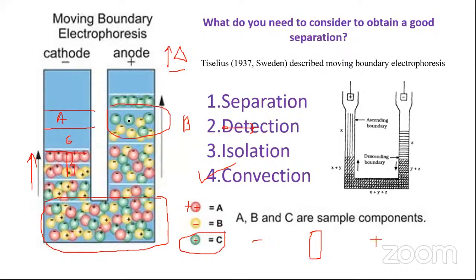Imagine now that because of the friction, there is an increase in the temperature of the system. And when the temperature increases, there will be convection currents generated. So the solvent molecules will start to move. And when the solvent moves, will you not expect that these solute molecules will also be moving along with the solvent?